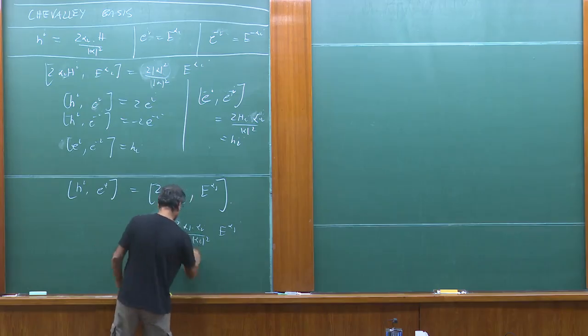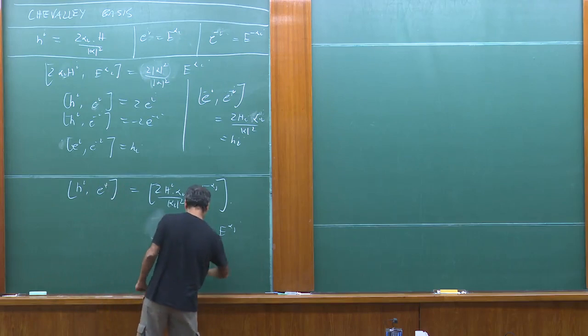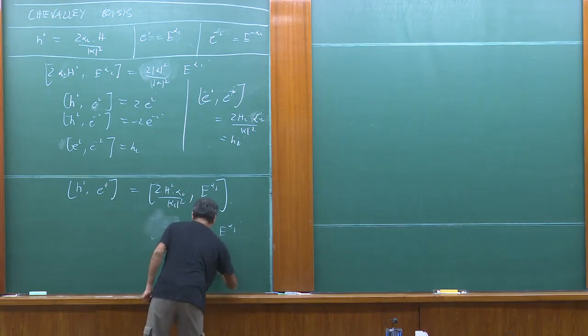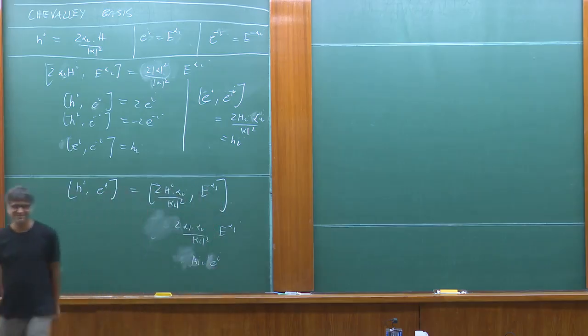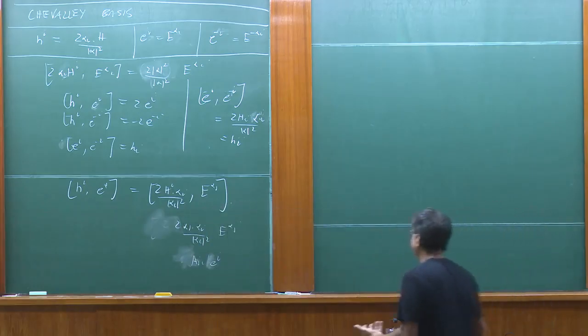AJI. Right? So I get AJI times E alpha times what we call DI. Okay? So what do we see from this?